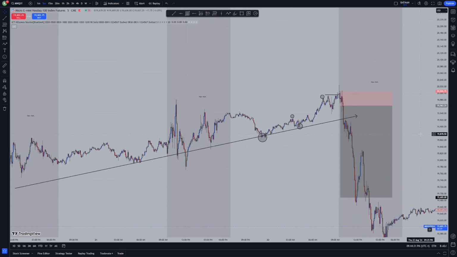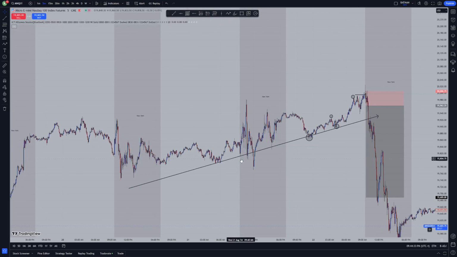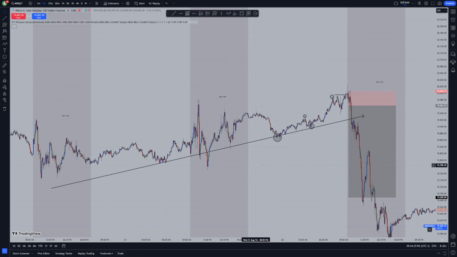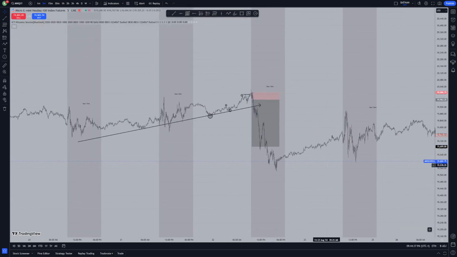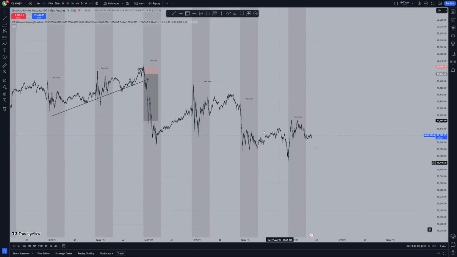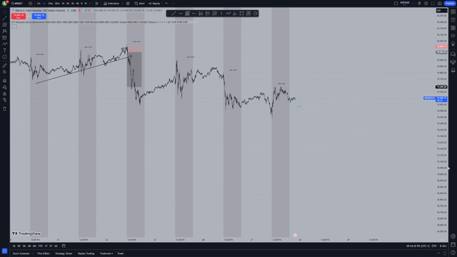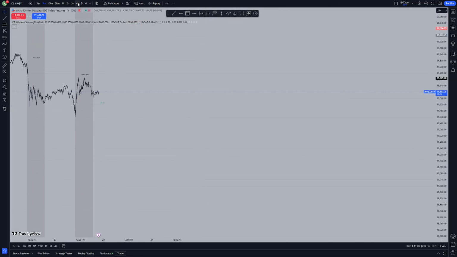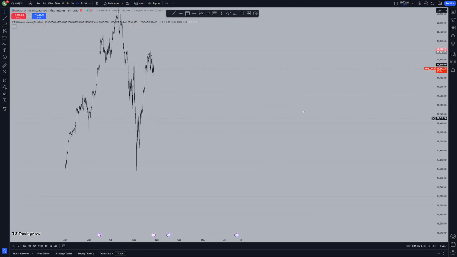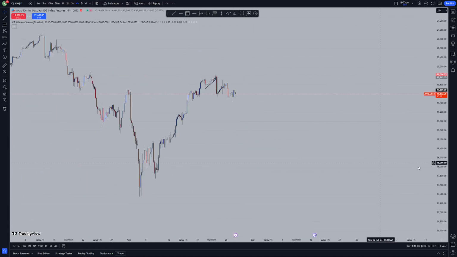And there's nothing to make it overcomplicated. If you can just understand market structure, higher highs and higher lows, trend, consolidation, bullish sentiment, bearish sentiment, that's really all you need.